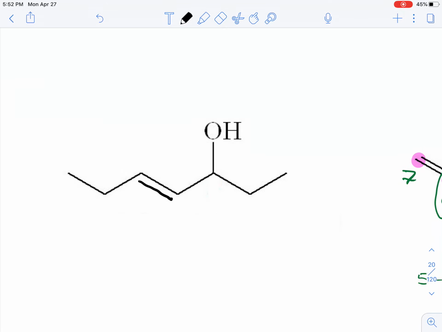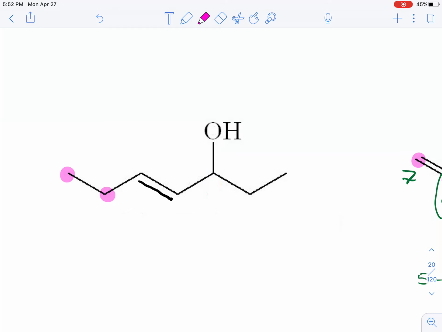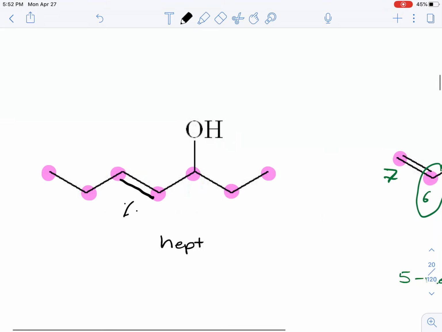And so once again, we have to find the longest carbon chain. 1, 2, 3, 4, 5, 6, 7. So once again, we have a 7-carbon chain. And we know that the prefix I'm going to use is hept, right? And so since I have the presence of a double bond, it's going to be heptene.